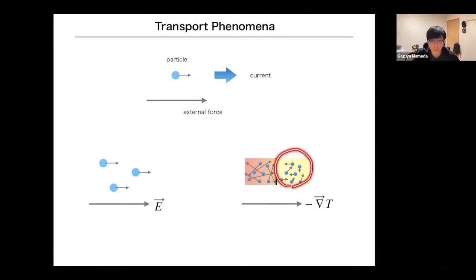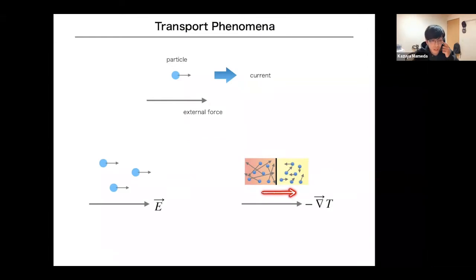Then the difference of the kinetic energy pushes the particles in this direction. This is an effective force along this direction.